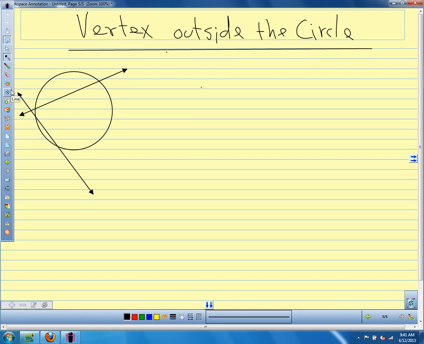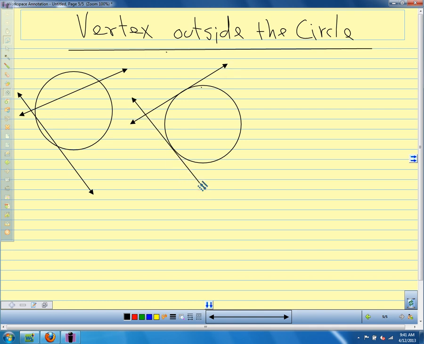I could have two tangents. So there are my tangents. Or I could have a secant and a tangent.